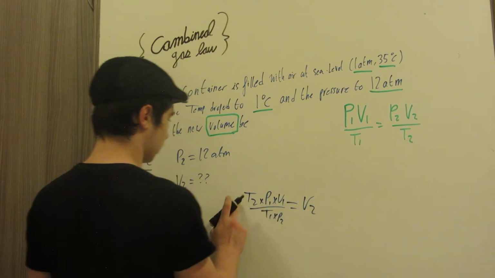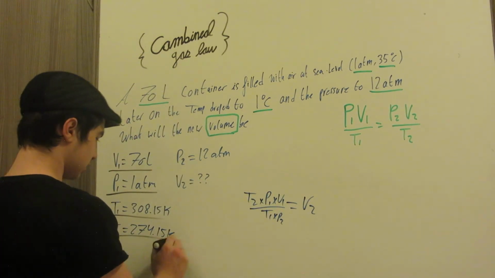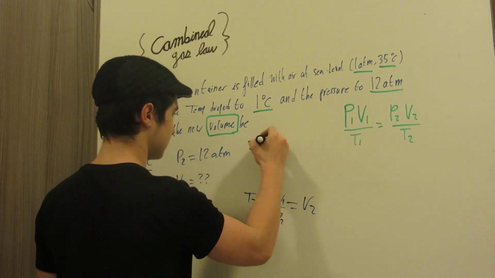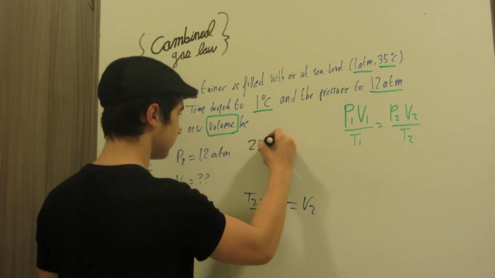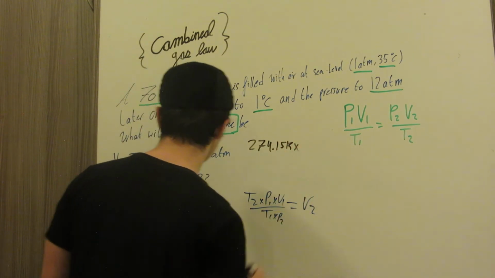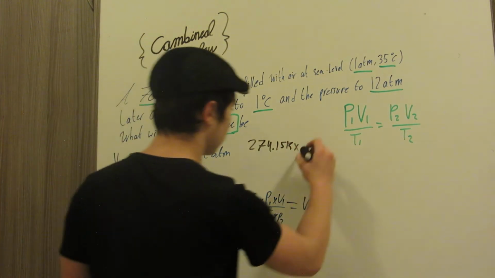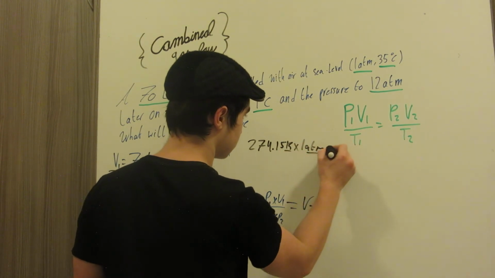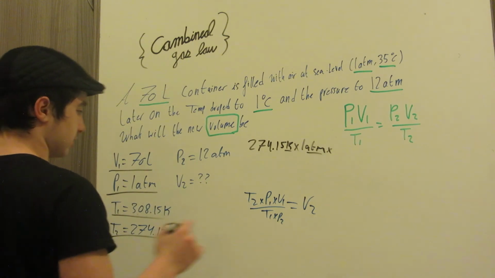So let's start. T2, which is given as 274.15 Kelvin. So we write 274.15 kelvins multiplied by the pressure, which is going to be 1 ATM. Now I put a small dash under the units.